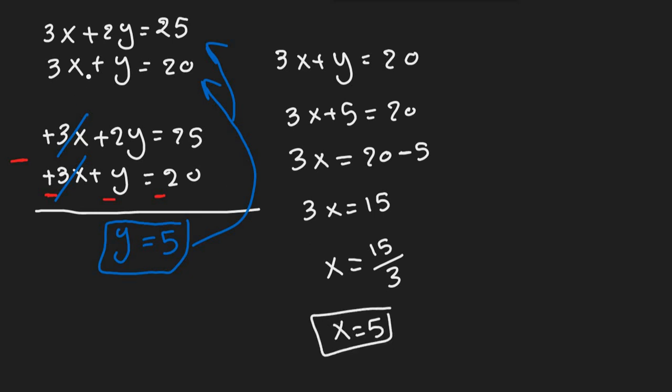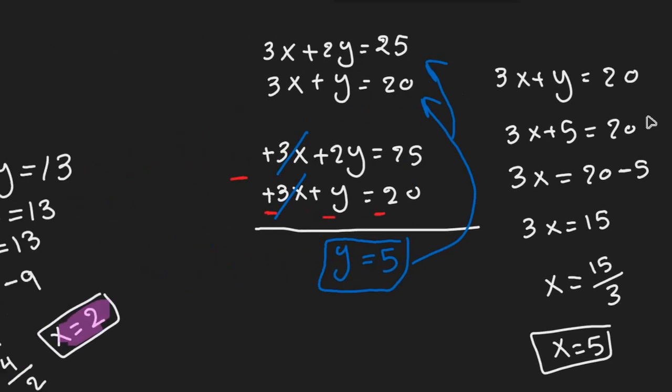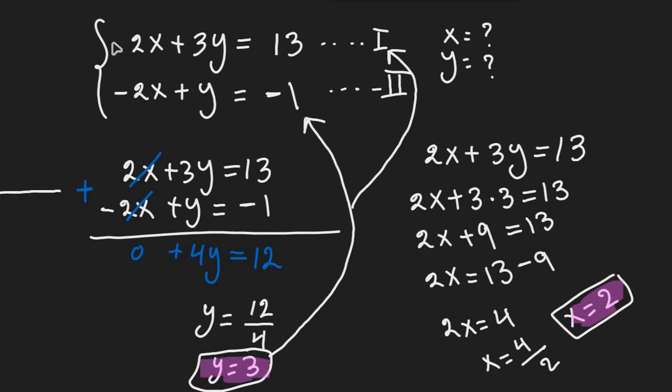So remember, if the variable that we want to eliminate, if one was negative and another was positive, like in this question we solved, look here, this 2x and 2x, one is positive and one is negative, so we added.